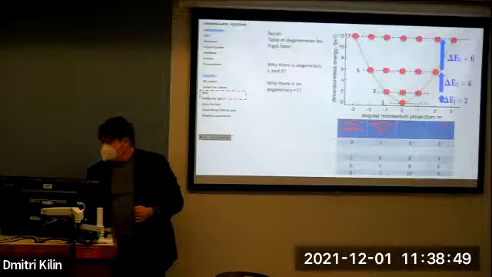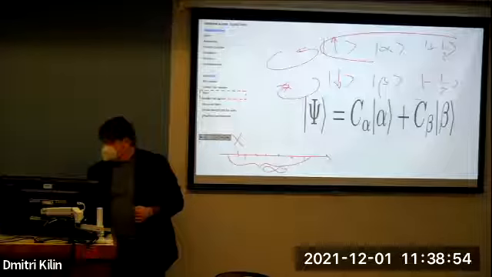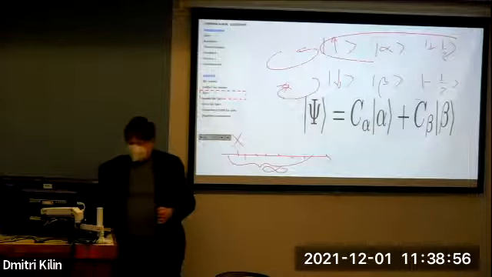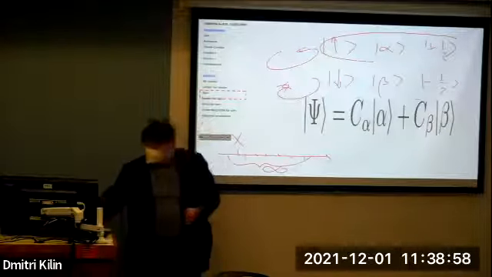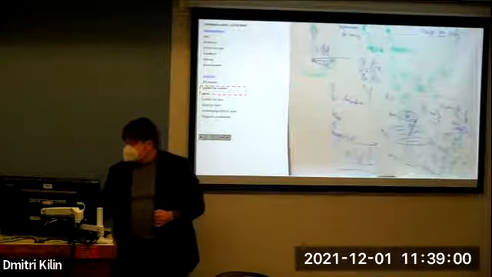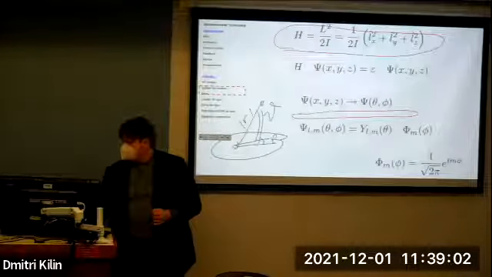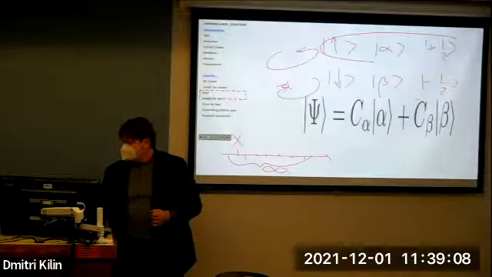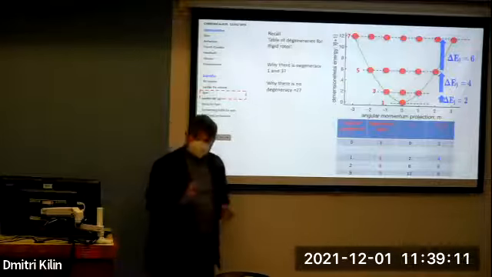Now, I'm slowly going to the concept of spin. So when we had rotations and angular momentum, there were several eigenstates.